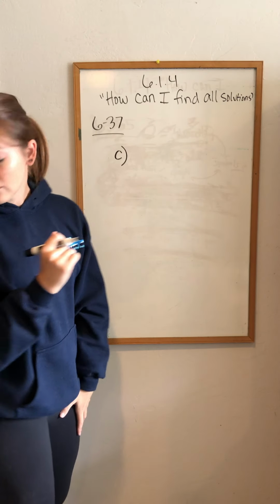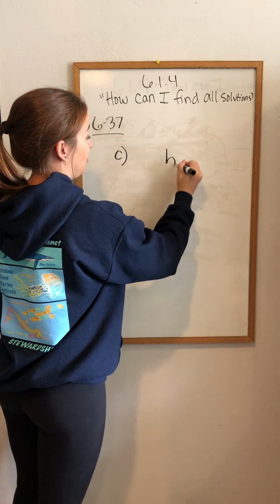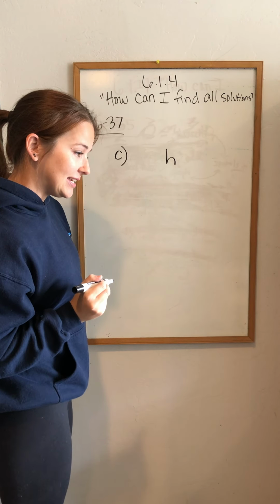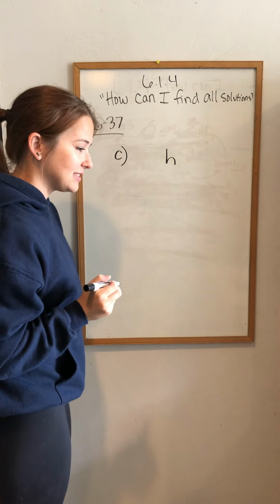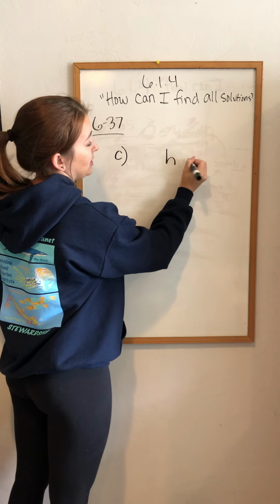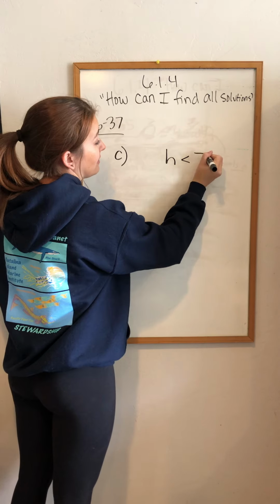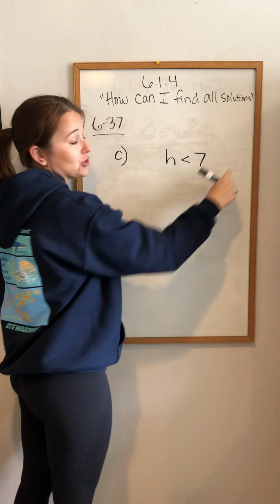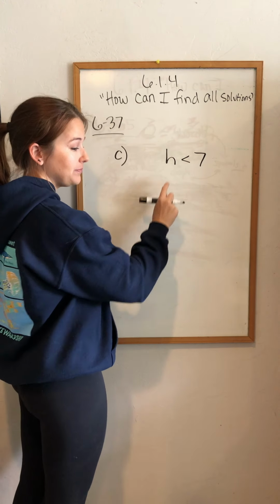Let's start with our H. So that's our height, and you have to be at least 5 feet tall, but less than 7. So I'm gonna start with that less than 7. So your height has to be less than 7, and it didn't say equal to 7, it said less than. So if you're 7 feet tall, you can't ride.